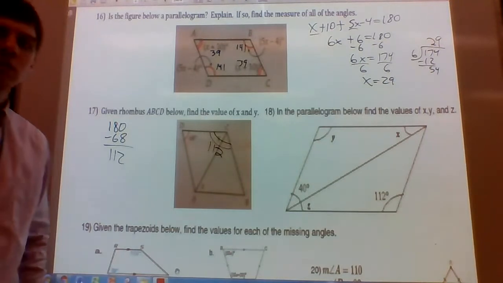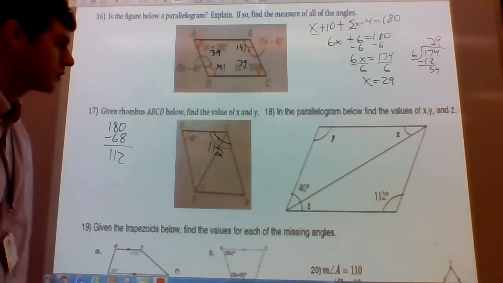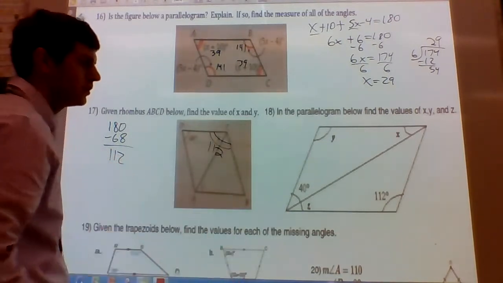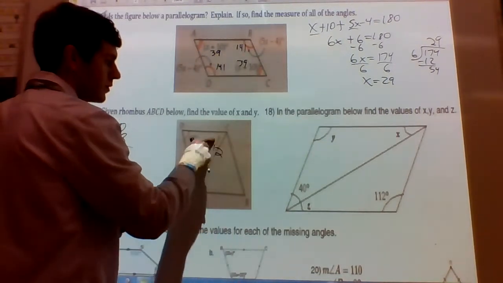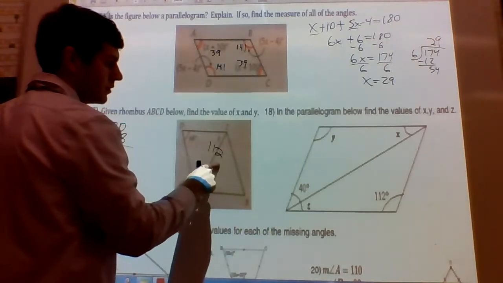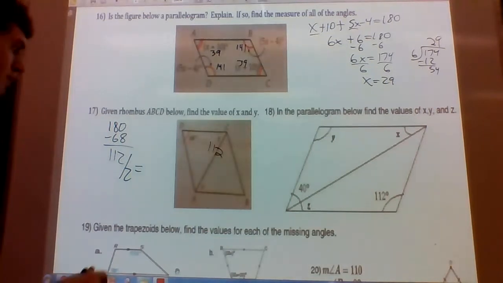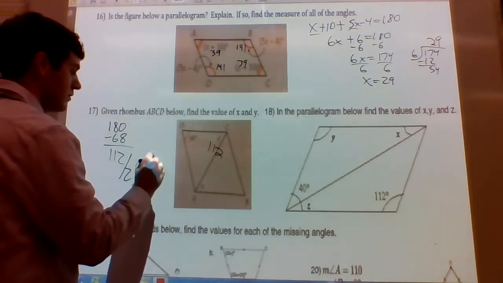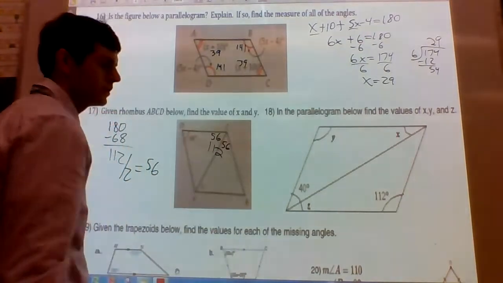In rhombuses, we know the diagonals bisect opposite angles. So we know we're bisecting angle DCB. So these two angles here are going to be half of this. If we divide by 2, we get 56. So we have 56 and 56.